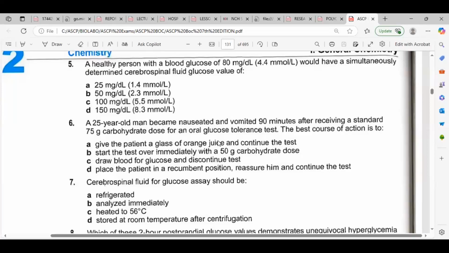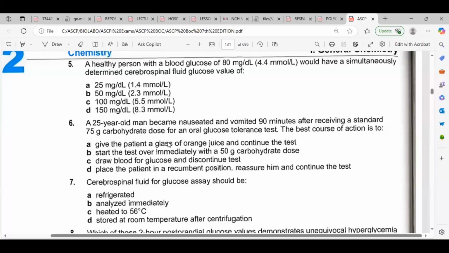So the best course of action is to do what? First of all, it was nausea and then vomiting. 90 minutes is like 1.5 hours after receiving 75 grams of glucose.